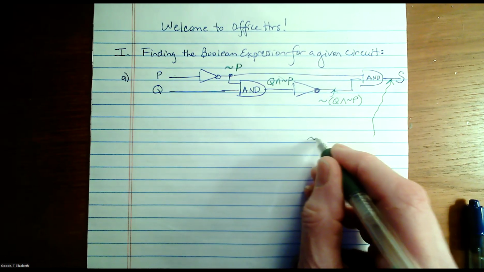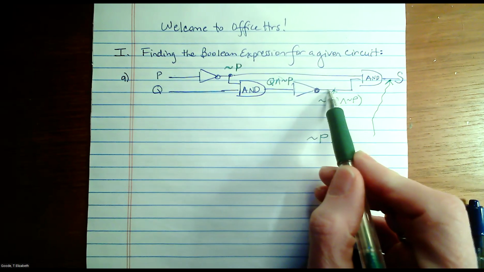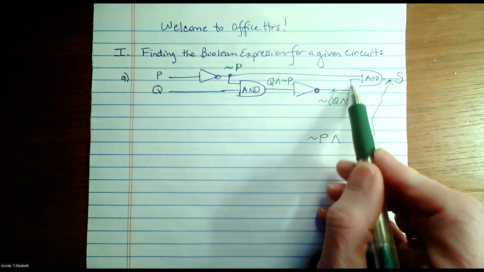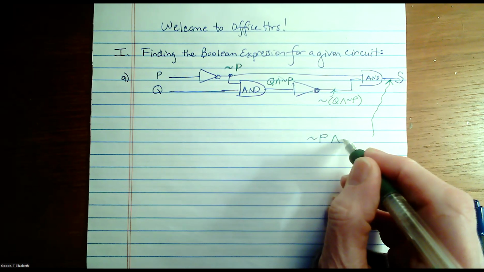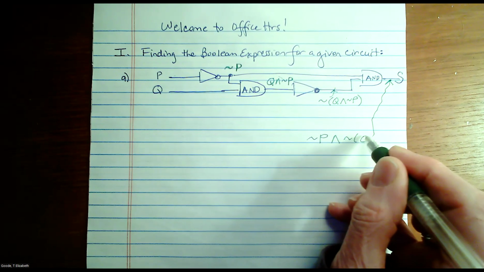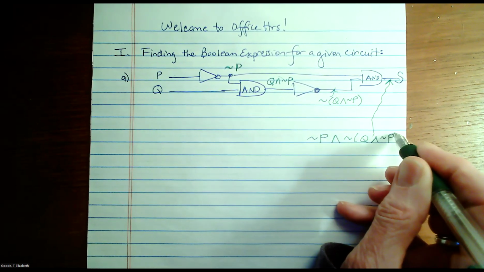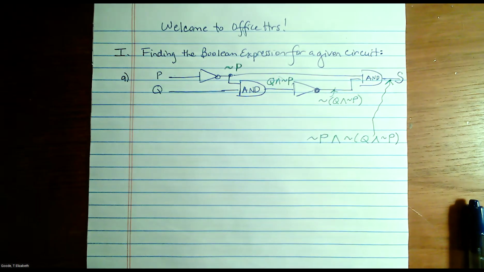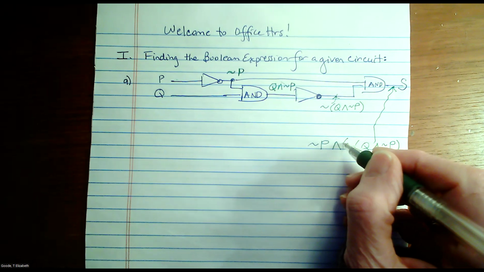So it's not P getting ANDed together with the quantity on this bottom wire, which is exactly not (Q and not P). So we take the component variables after they go through the gate is when we write them down.